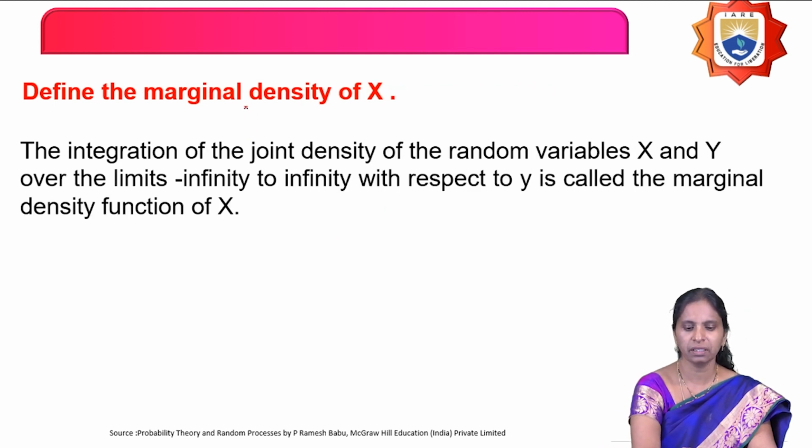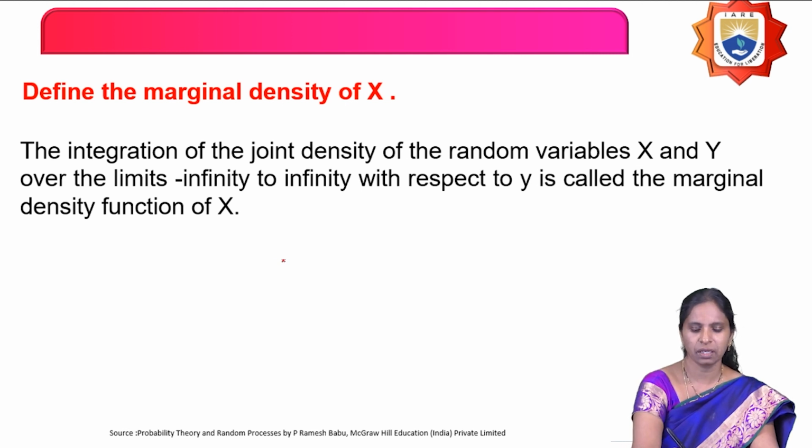The next one is: define the marginal density function of the random variable X. For example, if you have two random variables X and Y, the joint density function of those two random variables, f_XY(x,y), is the joint probability density function.